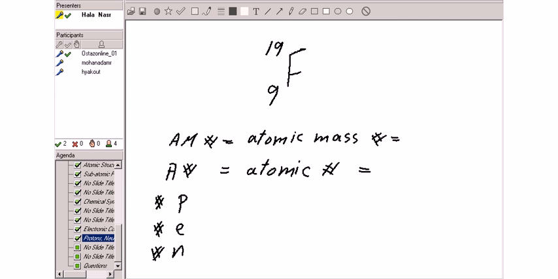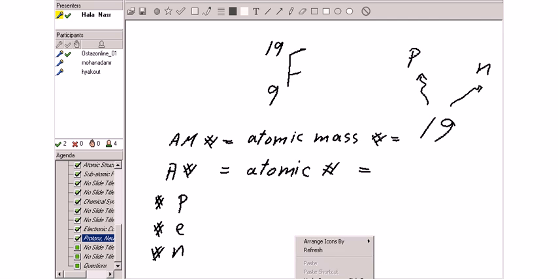So which one in here is the mass number? It's the bigger one. Very good. So the atomic mass number is 19. This big number is mainly consisting of the number of protons and the number of neutrons together, right?